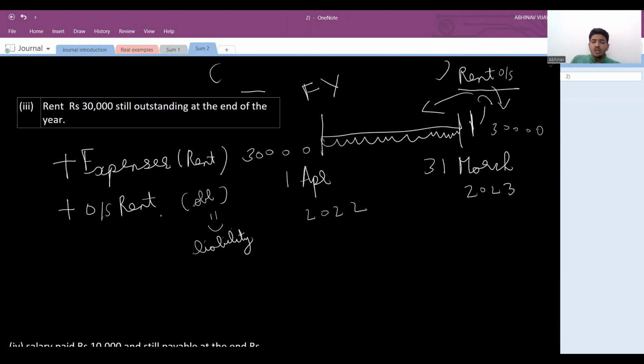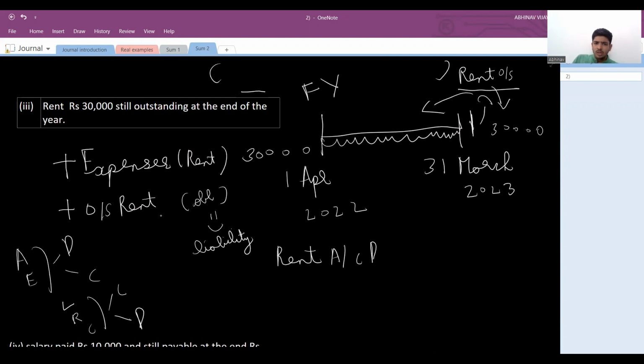Now, you just need to convert this into journal entries. Assets, expenses, increase debited, decrease credited. Liability, revenue, and capital, when the increase will be credited, when the decrease will be debited. Now, let's convert. Expenses increase. Rent account debited 30,000.